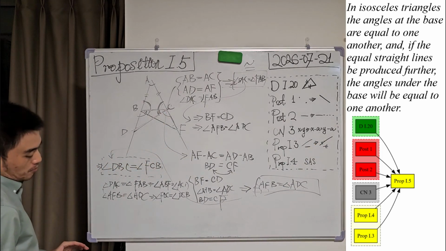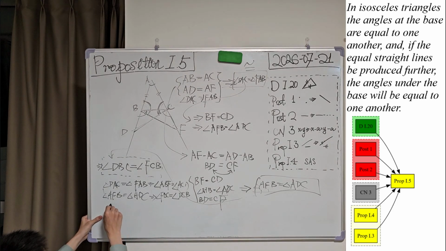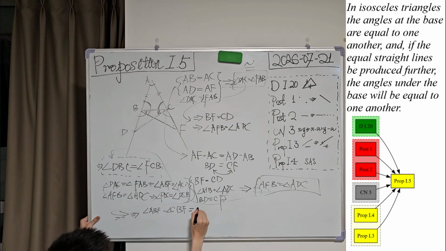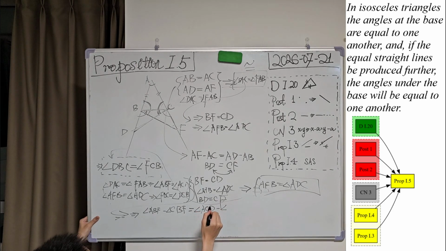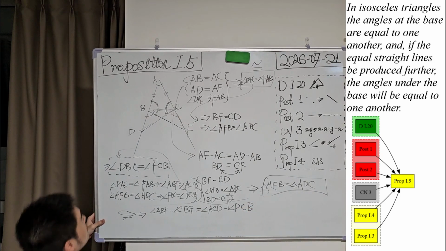We know that if we subtract equal things from equal things, the results are equal. So combining these two equations, we know that angle ABF minus angle CBF is equal to angle ACD minus angle DCB.